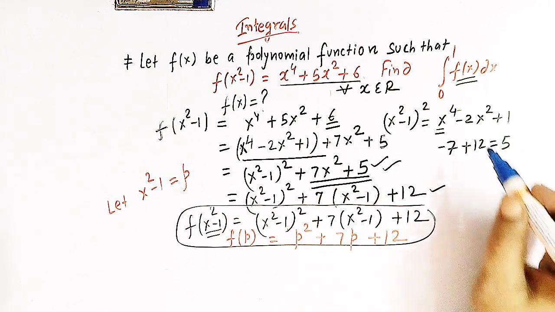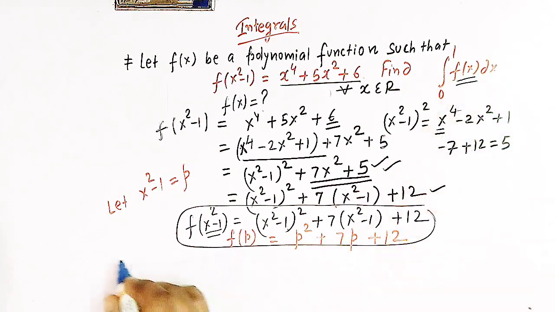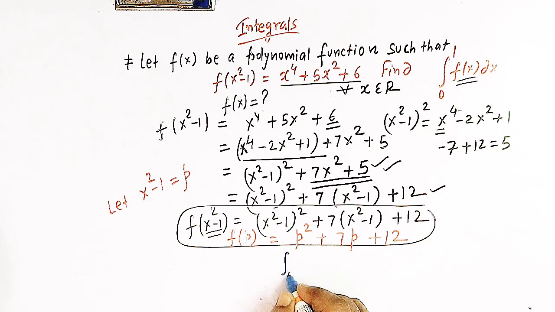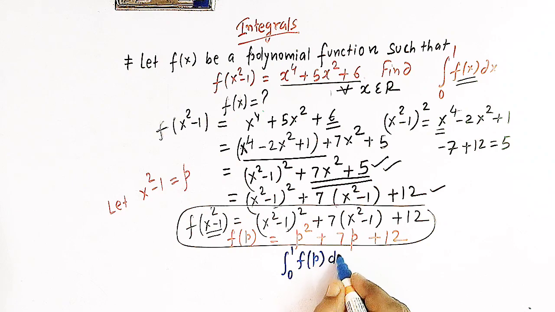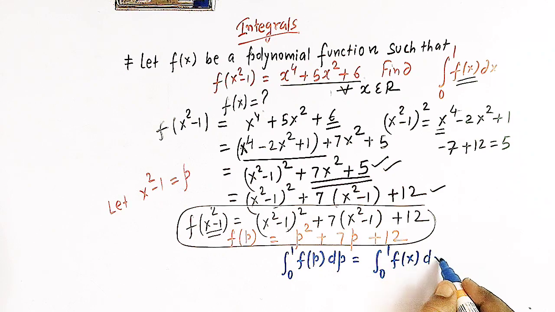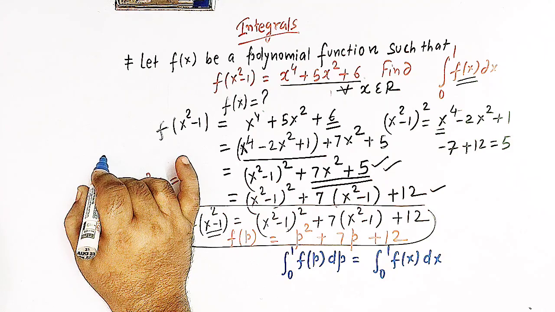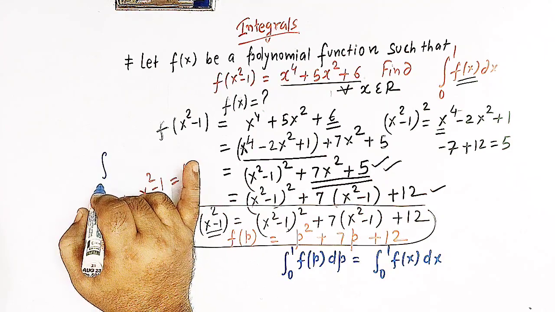So now our aim is to find out the value of this integral, right? So we can now write the integral 0 to 1 f of p dp as 0 to 1 f of x dx, right? So here we have used the property of dummy variable in definite integrals, because we know this property of definite integrals.